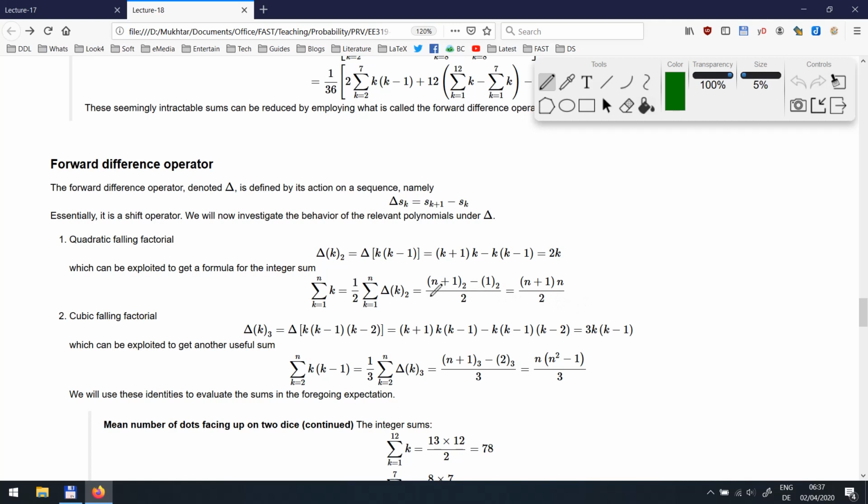What you discovered is that 3 times that falling factorial, the quadratic falling factorial, just like this one, 3 times of it is simply the delta of the cubic falling factorial. So if I want this summation, a summation of quadratic falling factorials, I have to recognize that this only differs by the factor 3.